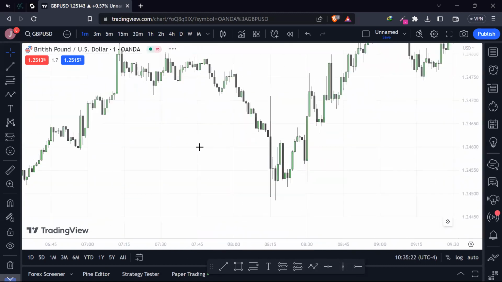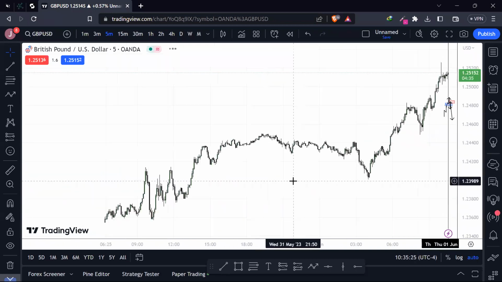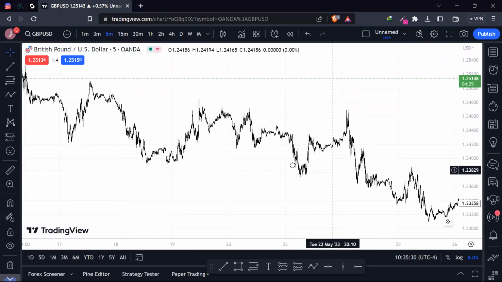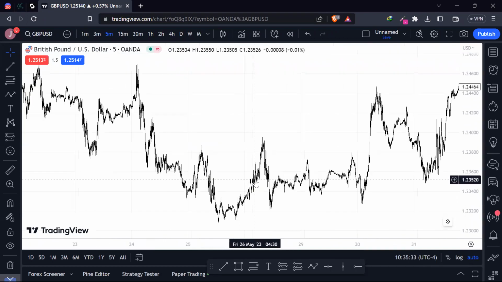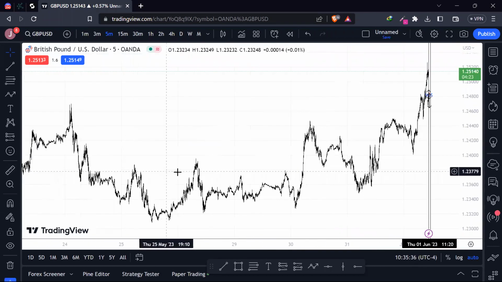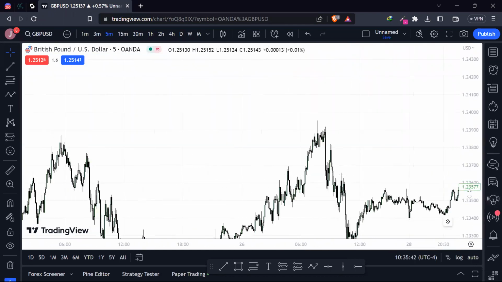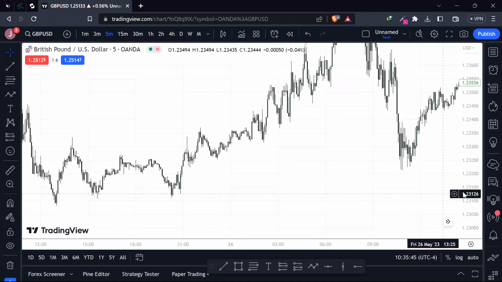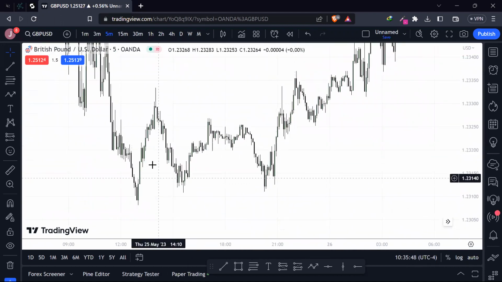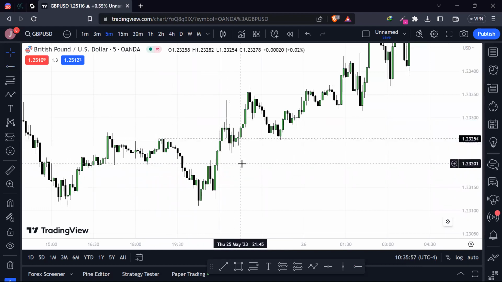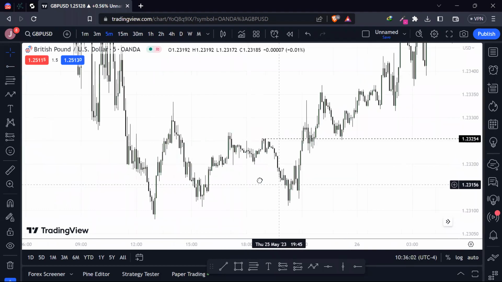Let's go to 5 minutes here. You can see the price was bearish, coming down, and suddenly right here it creates a market structure shift. It shifts the market. A market structure shift is an indicator for the reverse movement of the market.